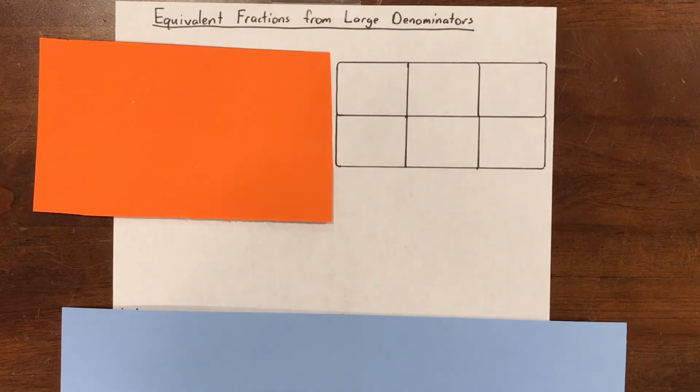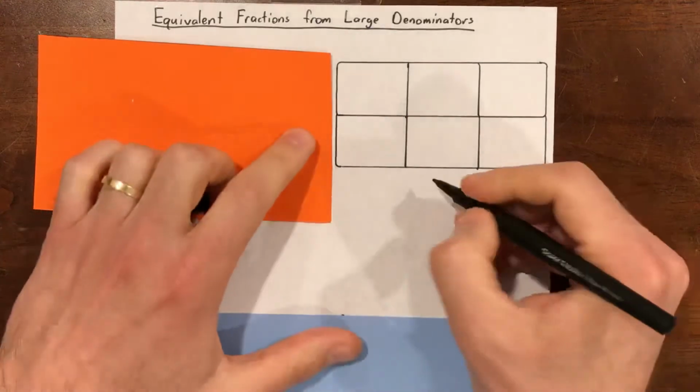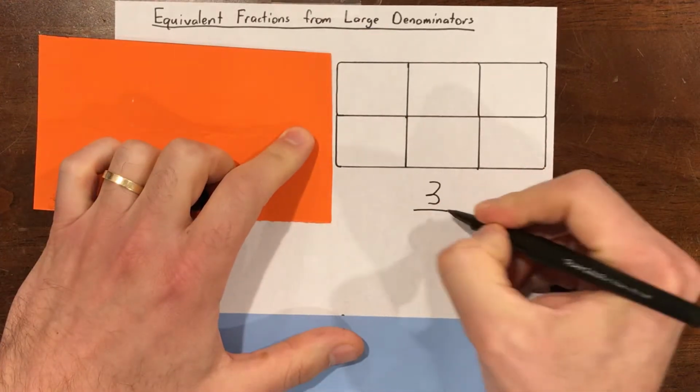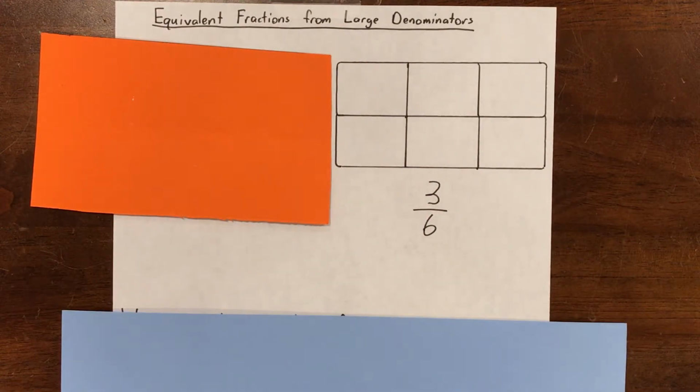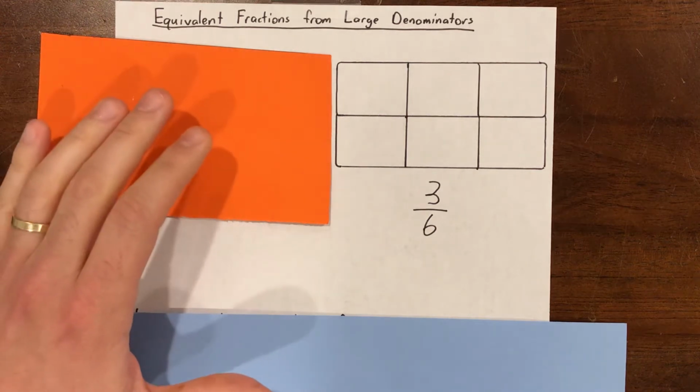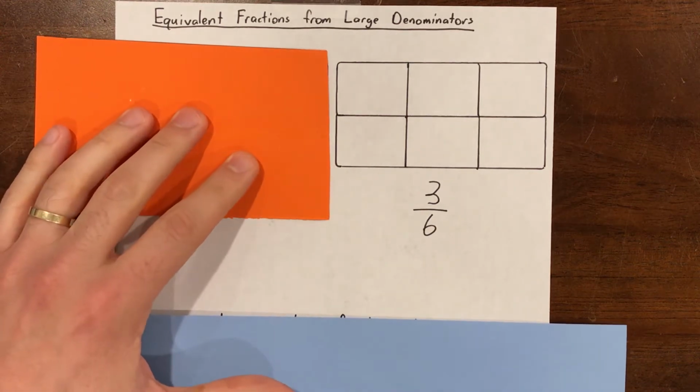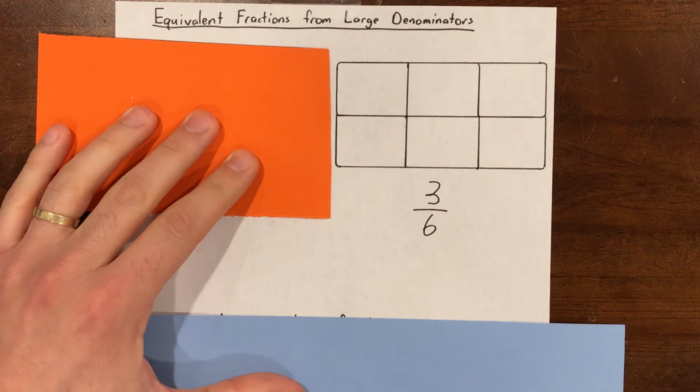I imagine most of you said that each sibling got 3/6 of the pan. Why would that make sense? Say it out loud. Yeah, so the pan is cut into 6 equal parts.